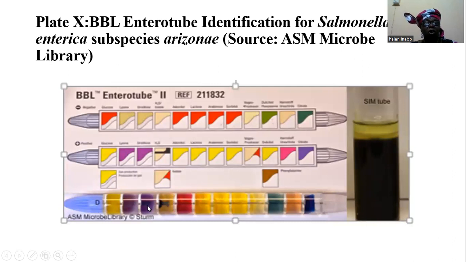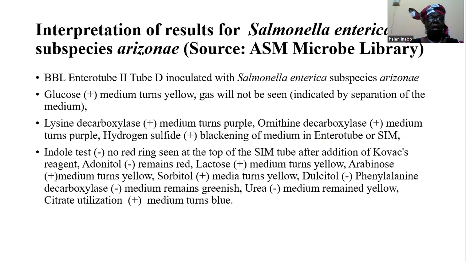There's a change in color to deep purple, meaning that Salmonella enterica subspecies arizonae is positive. Then you have the evidence of hydrogen sulfide production, see the blackening there, and all the other tests, the sugar fermentation like dulcitol and arabinose and sorbitol, excuse me.